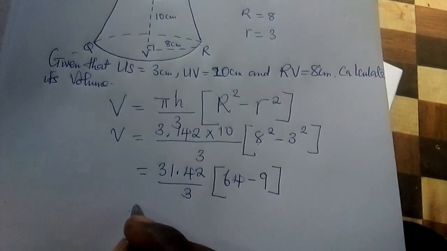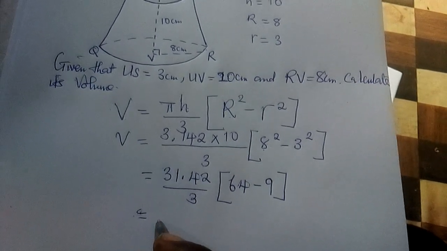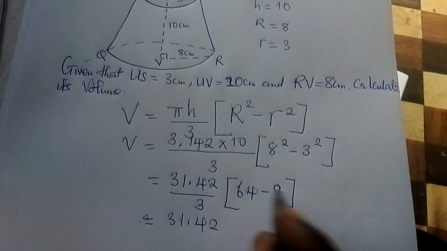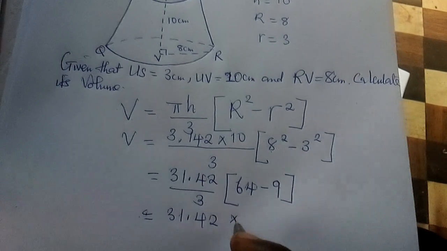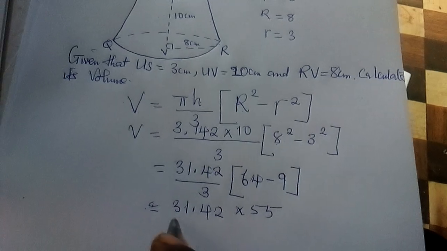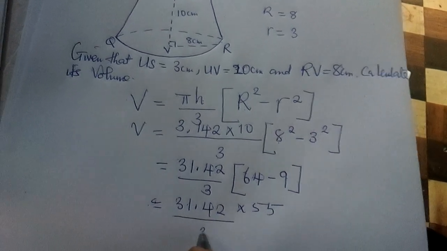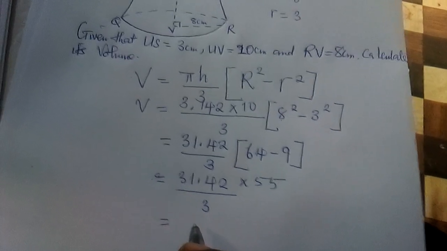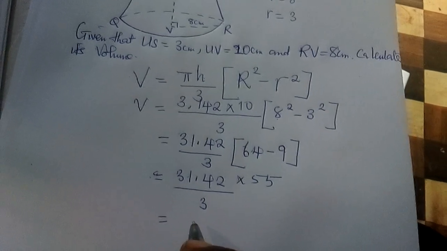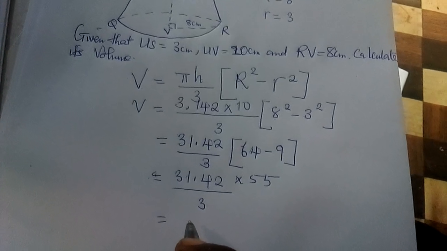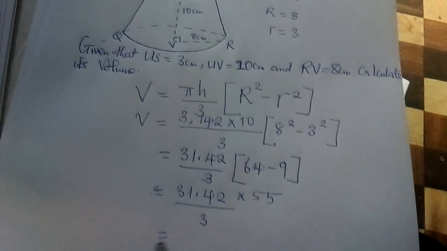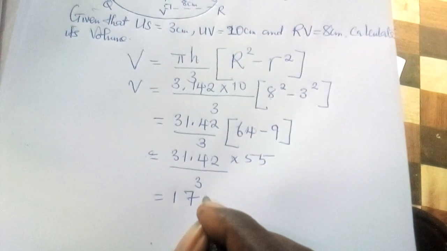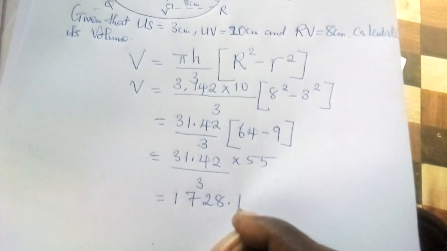So when you do your calculation, what you have is 31.42 times 55. You put 55 there, then divide by 3. When you multiply 31.42 times 55, the answer you get is 1728.1.